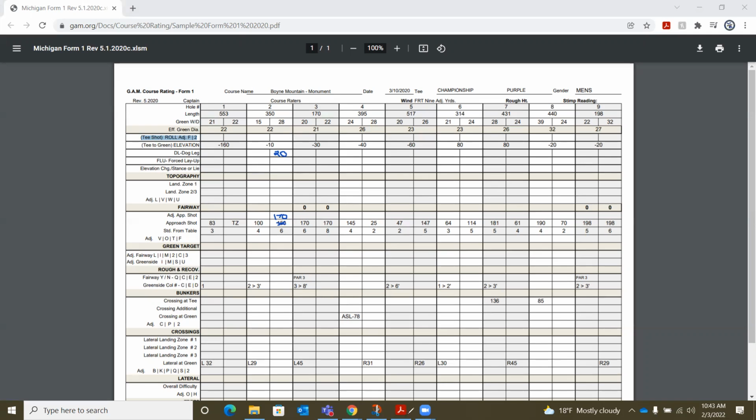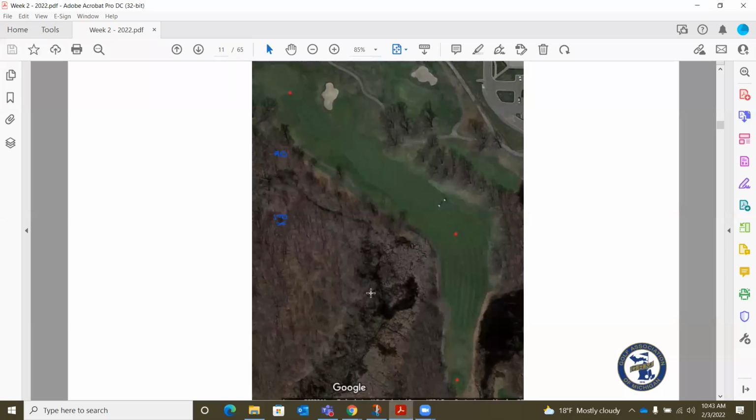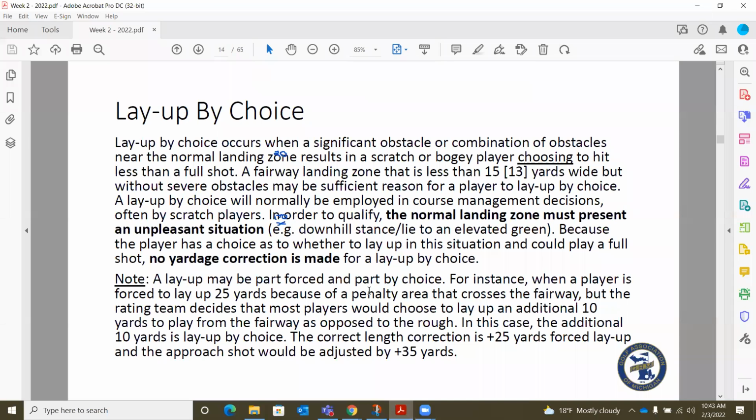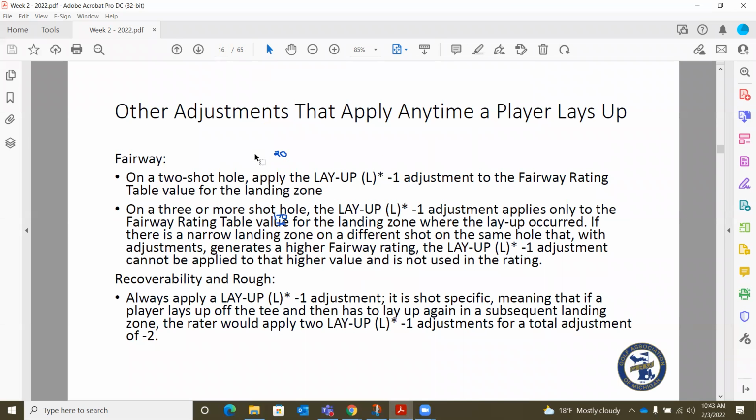So let me pull it out here. We have an L adjustment in the fairway, and then also under recoverability and rough.